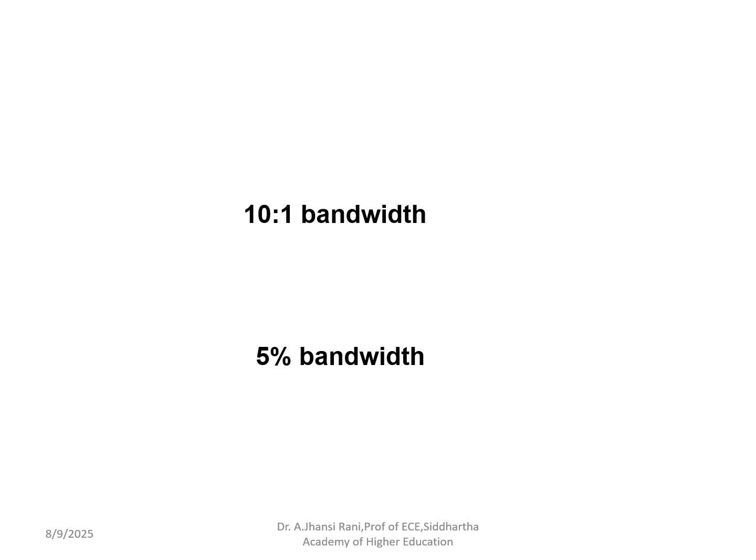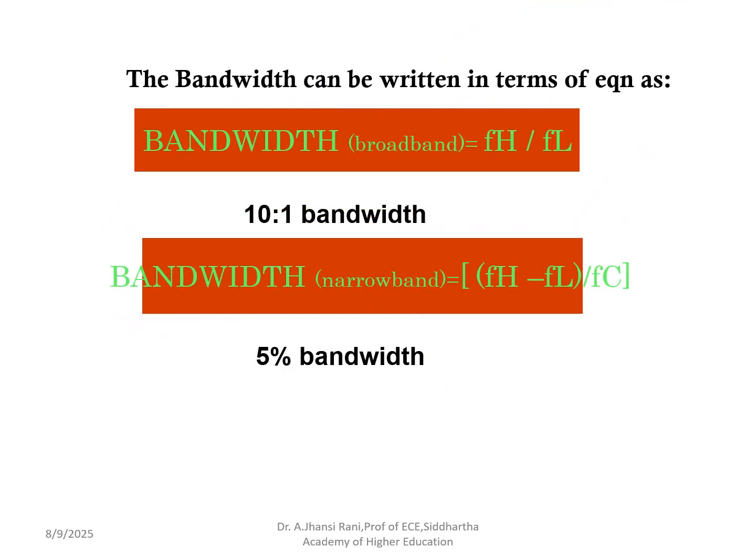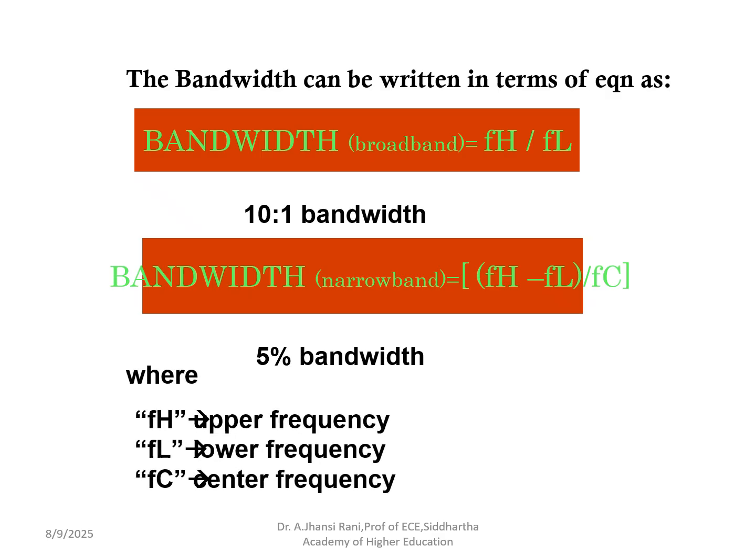That is, broadband is 10:1 bandwidth, or narrowband antenna bandwidth is 5%. For broadband you calculate FH by FL. For narrowband antennas, it is FH minus FL divided by the center frequency, which is the 5%. FH is the upper frequency, FL is the lower frequency, and FC is the center frequency.